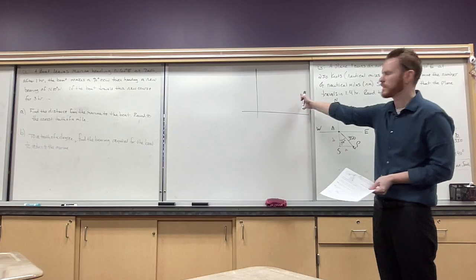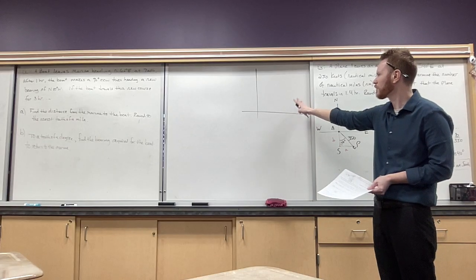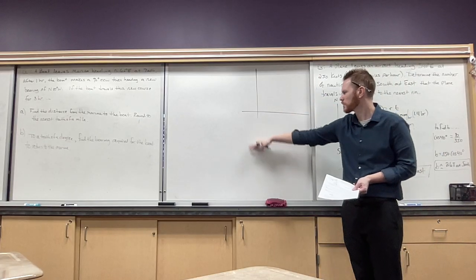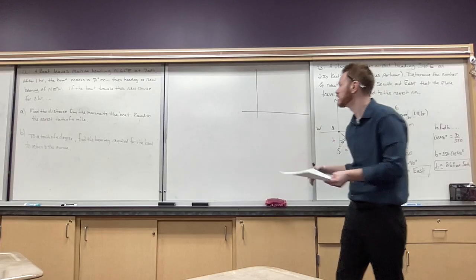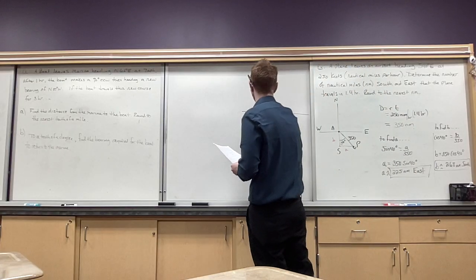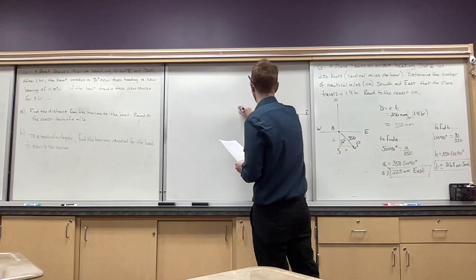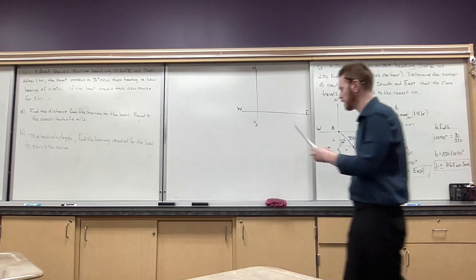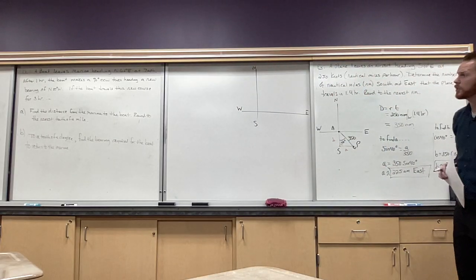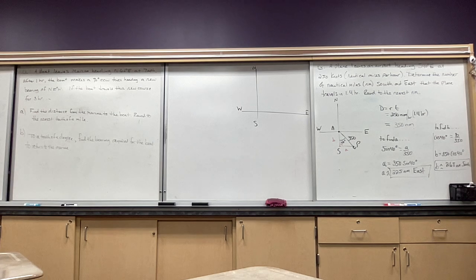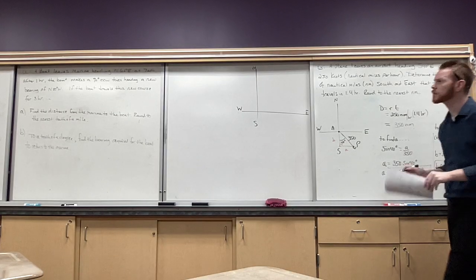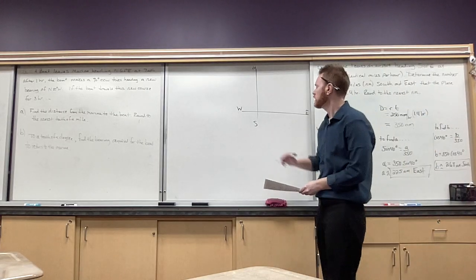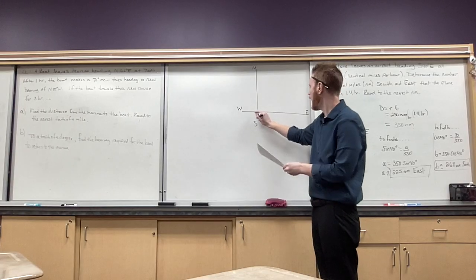So I'm gonna stick with drawing it this way, because it's mostly gonna be on the top. I'm not gonna draw this fully out underneath it because it's not going south at all. What we're gonna do is read the problem line by line and try and see if we can trace its path. And then once we have a trace, we can start finding some of these answers. So let's do that. The first thing you notice is that it's leaving the marina. So we'll call this point M for marina.